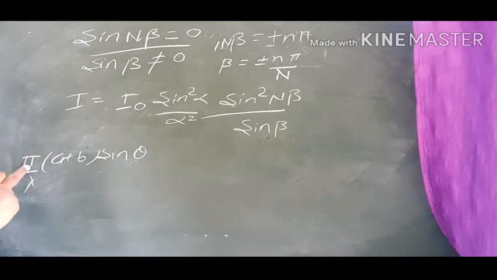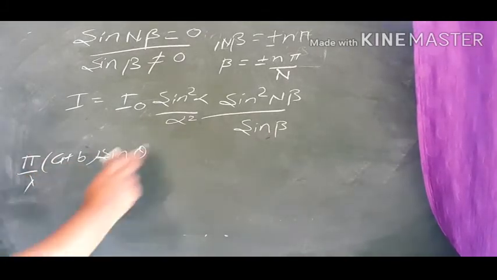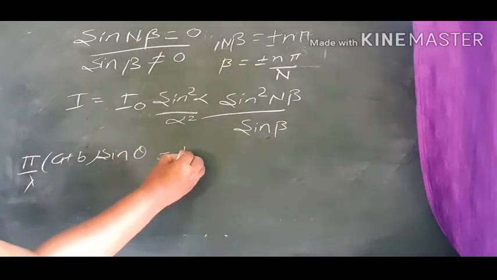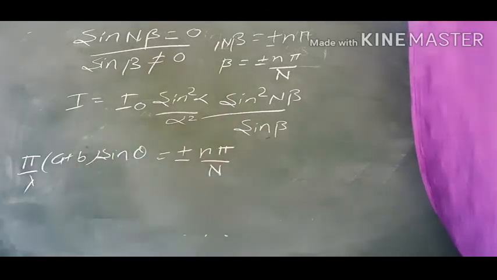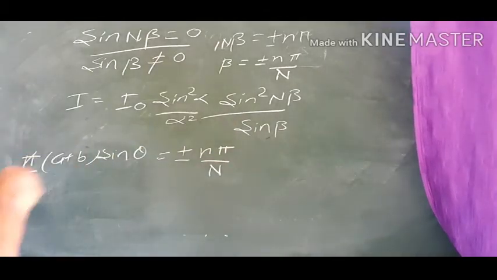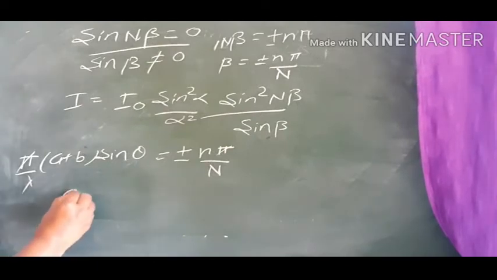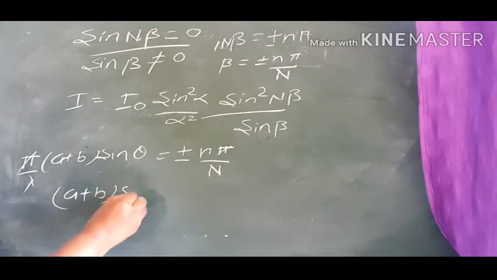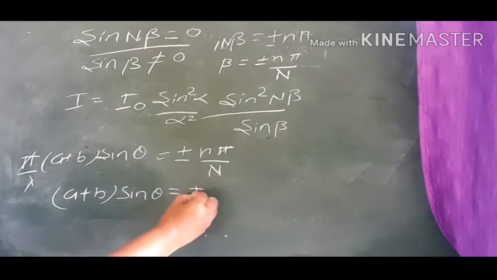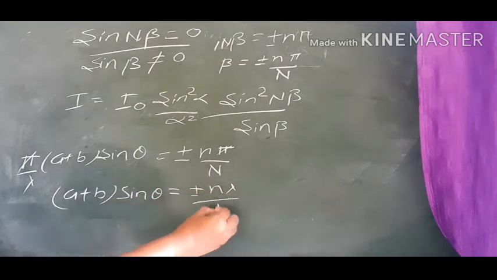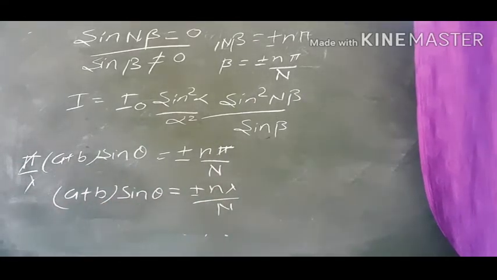Beta is equal to pi by lambda a plus b sine theta, and from here beta is plus minus n pi by capital N. Pi to pi cancel out, and we have a plus b sine theta is equal to plus minus n lambda by N. This is the condition for minimum.